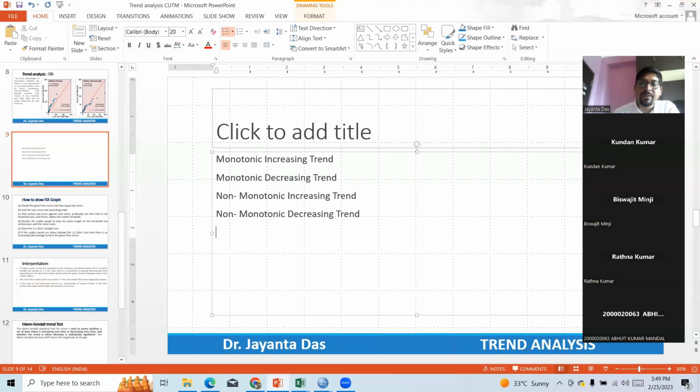Another way you can classify is low, medium, and high. We have to check whether there is any trend. We can say low is a monotonic increasing trend, and medium is no trend.